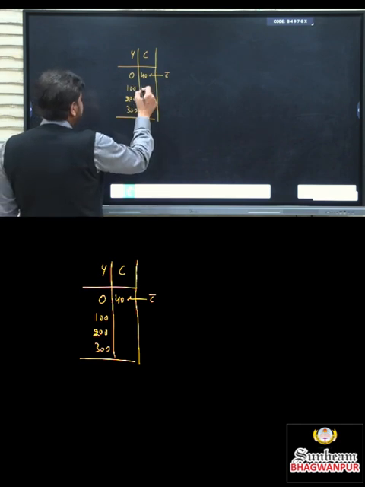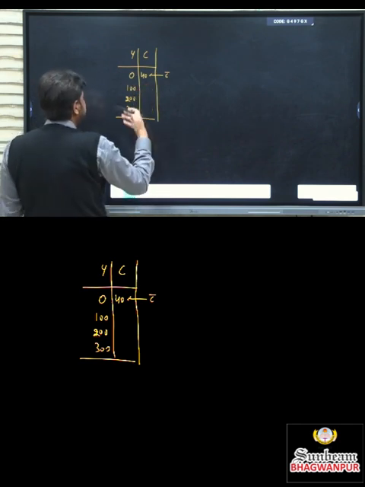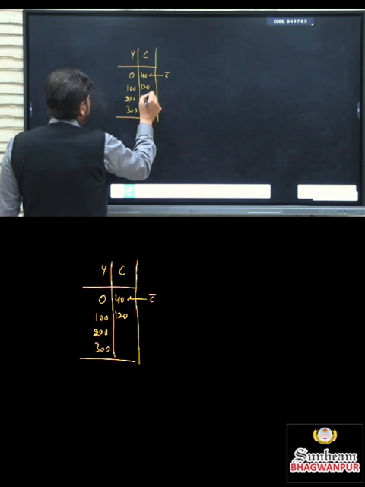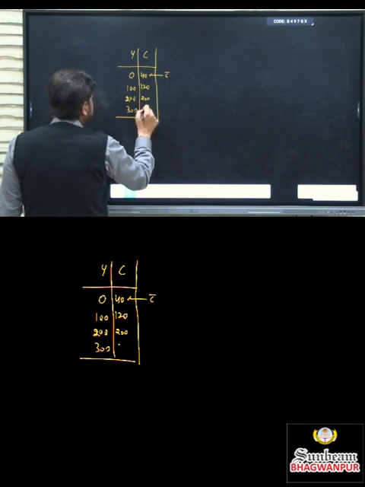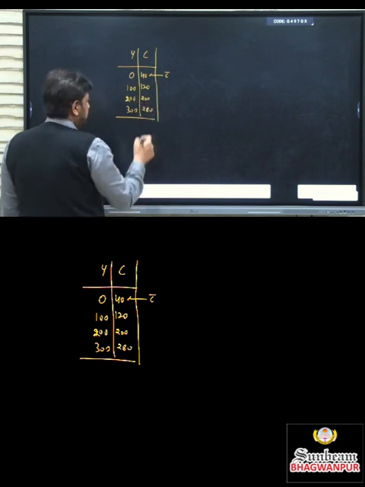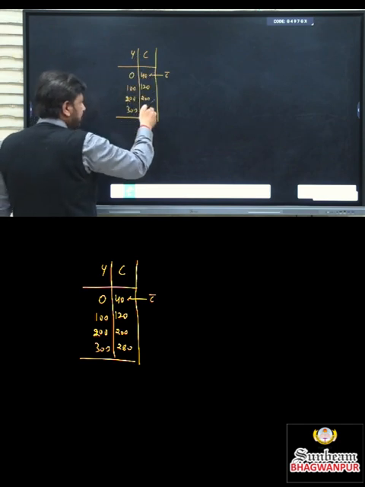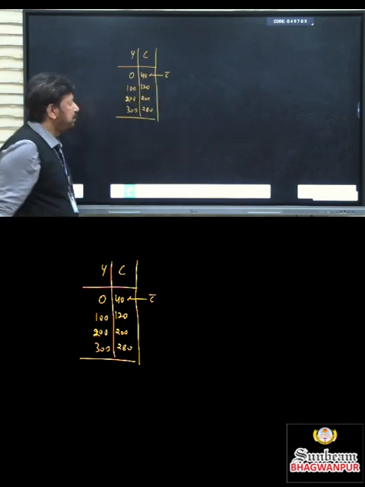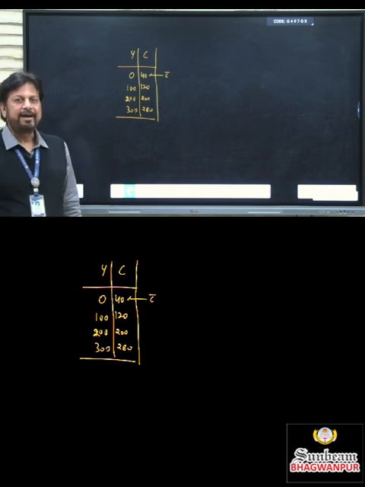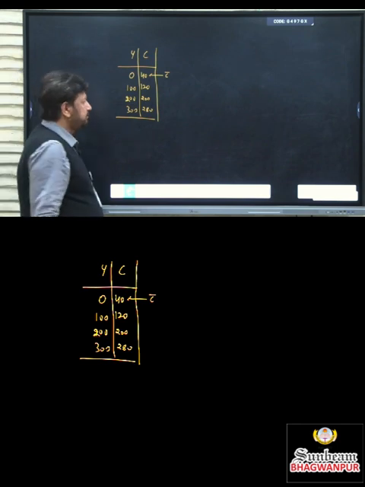With the rise in income, consumption is also going to rise: 120, 200, 280. So you can see that with the rise in income, consumption is also rising, and that rising part of consumption is induced consumption.